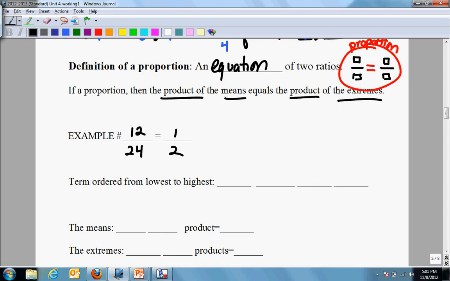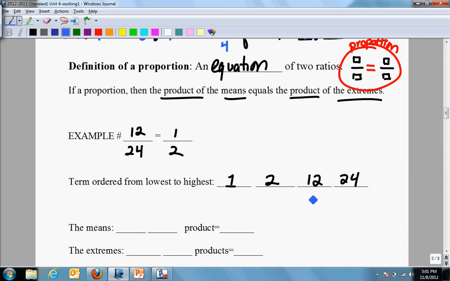Let's take that now and order these terms from lowest to highest. The lowest term is a 1. The next term is 2, then 12, and then 24.